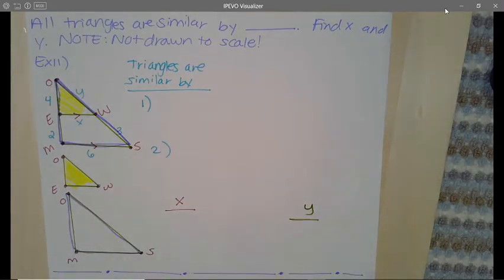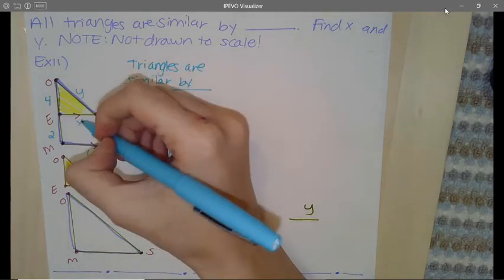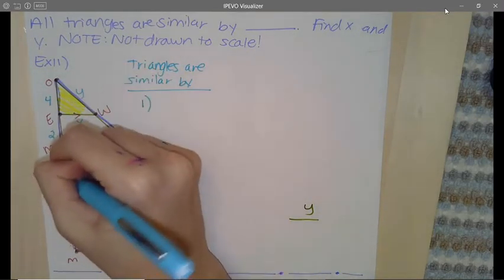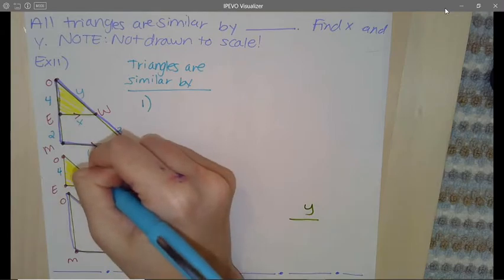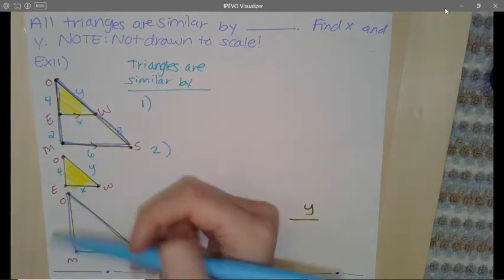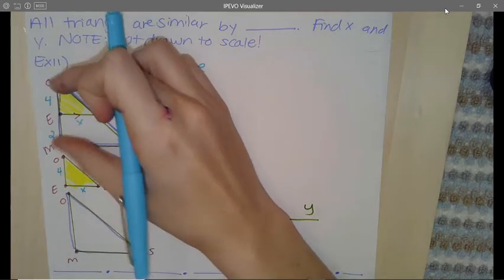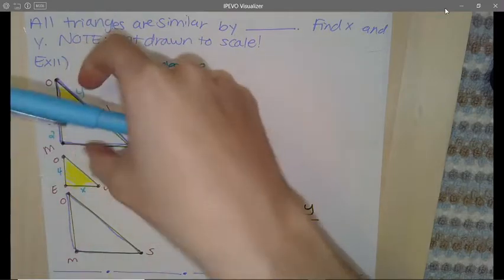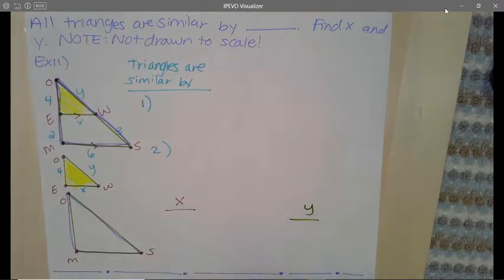All right, now currently if we look at our triangles, I'm going to transfer our sides onto this triangle. So my little triangle, we have 4, x, and y. On the bigger triangle, now remember, to find side OM, I need to know the entire side length.